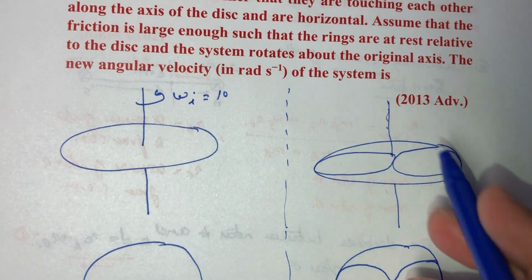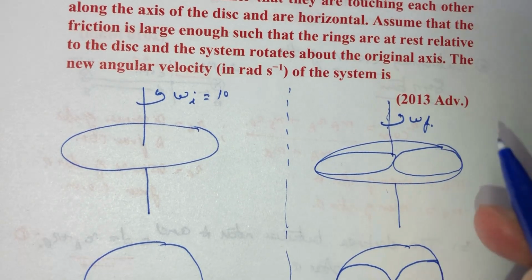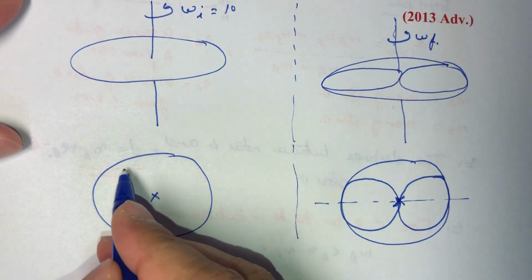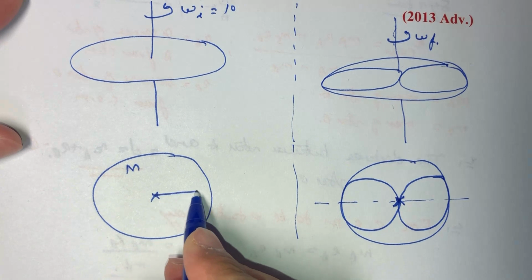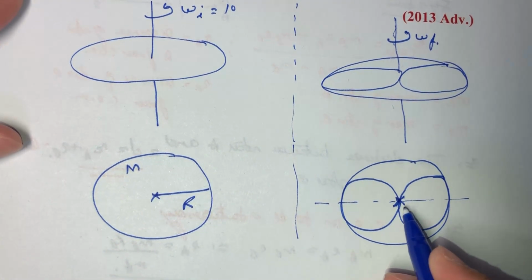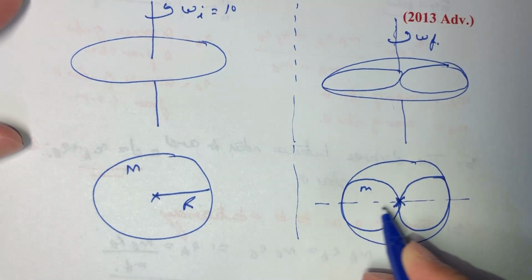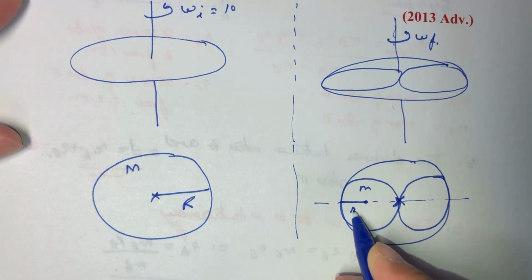In this case, let us assume that the angular velocity with which it is rotating is omega f, and we are given, let us suppose the mass is capital M and radius is capital R, and for the circular rings the mass is small m and the radius is small r.